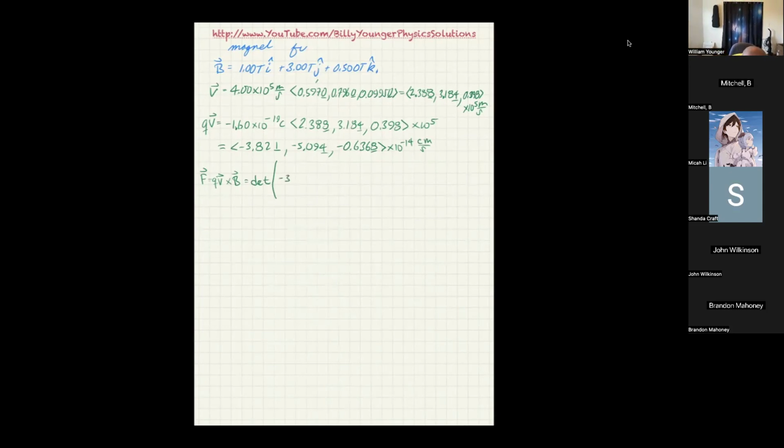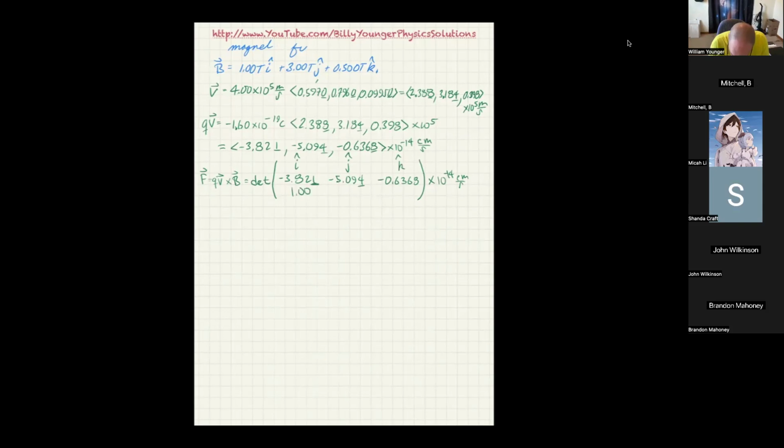Negative 3.821, negative 5.094, and negative 0.6368, all times 10 to the negative 14 coulomb meters per second. I'm going to put an i hat, a j hat, and a k hat up here.